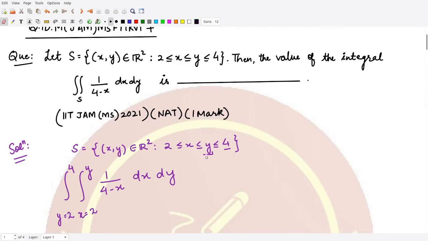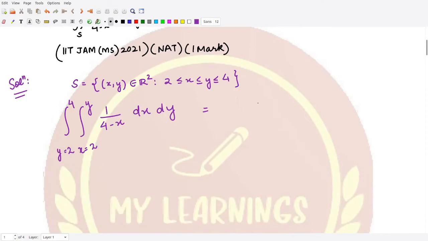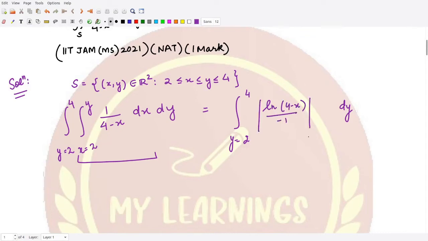Now we need to solve this question. First of all we have to integrate with respect to x, so we need to first solve this much portion. Let's keep the integral of y varying from 2 to 4, with dy as such, and what is inside is 1 by 4 minus x. So its integration is ln of 4 minus x divided by minus 1, and you could substitute the limits of x, which vary from 2 to y.